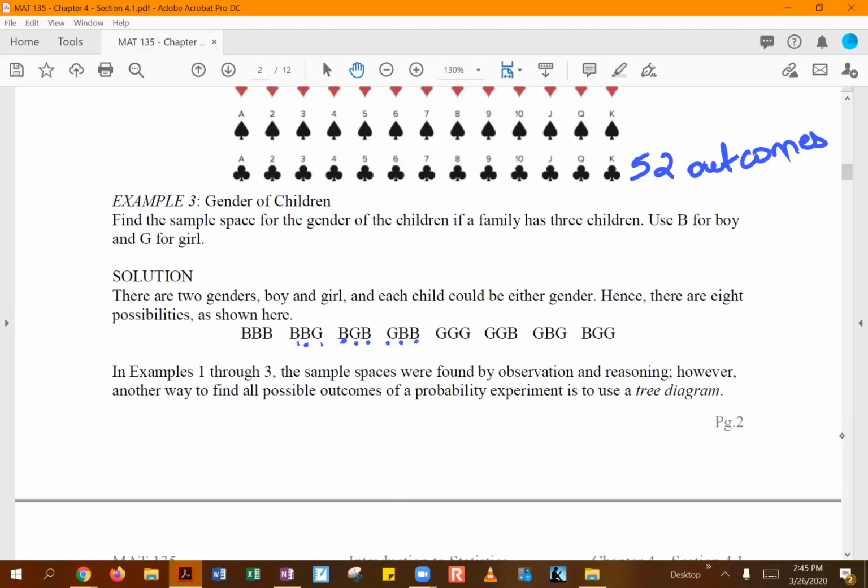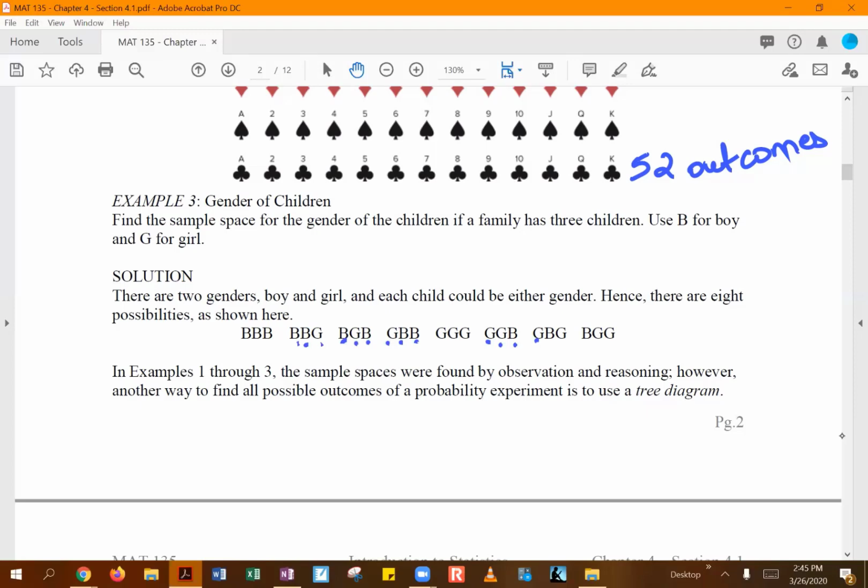So even though these all have the same number of boys and girls, you will see the order is different, because that's based on the gender of the first, second, and third child in that order. Now, in that same way, you could have all 3 kids being girls. You could have 2 girls first and then a boy for the last one.